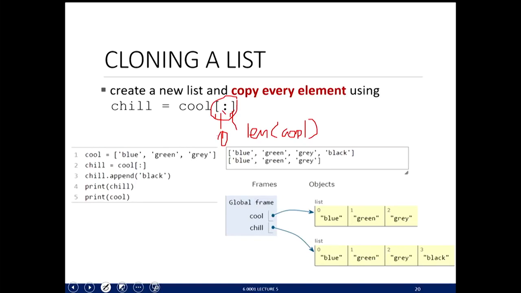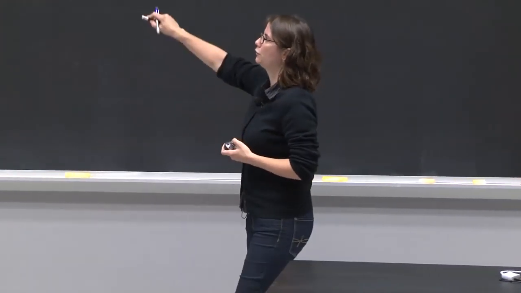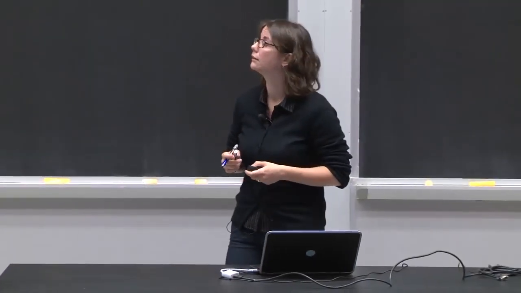And then on the next line, when I'm appending another element to the copy, notice I'm just altering the copy. The original stayed the same because I've cloned it. Okay. So if you don't want to have the side effect issue, then you should clone your variable, your list.